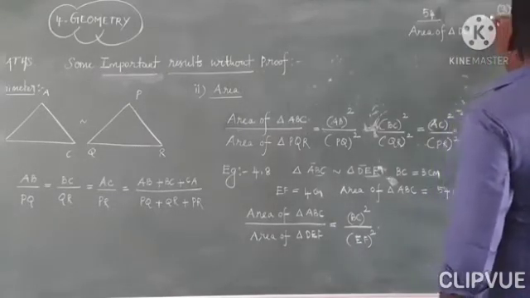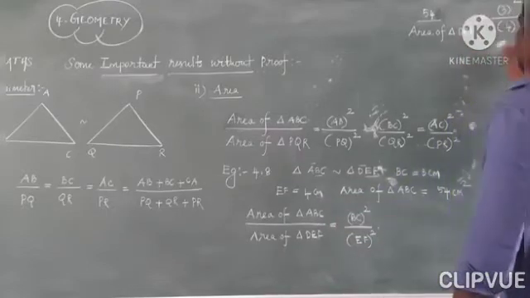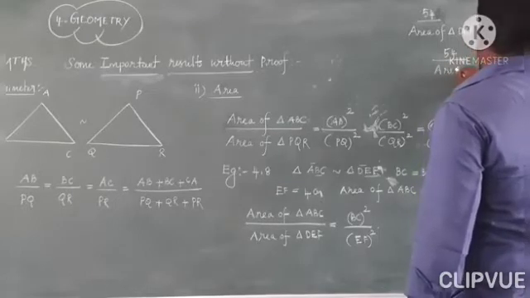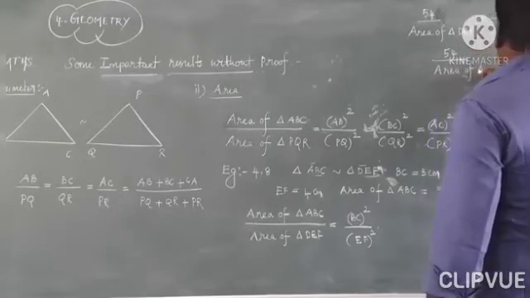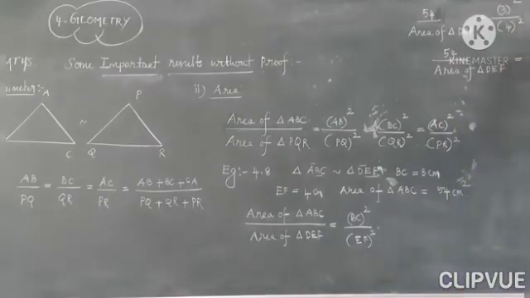So 3 square divided by EF, which is 4 square. So 54 divided by area of triangle DEF is equal to 3 square value 9 divided by 4 square value 16.